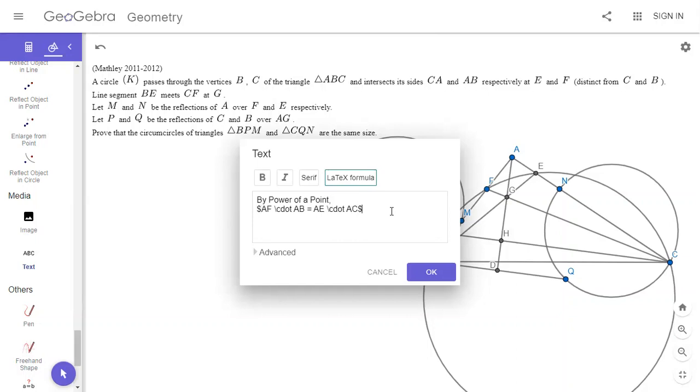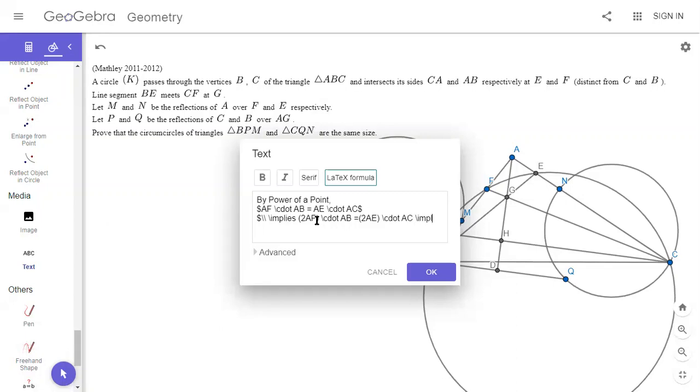And that implies 2AF times AB is equal to 2AE times AC.